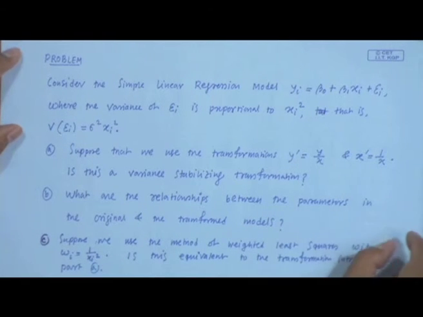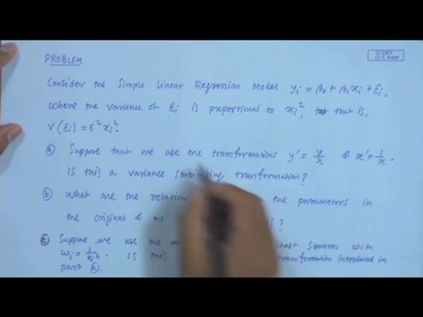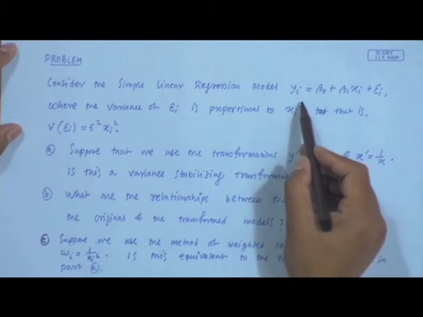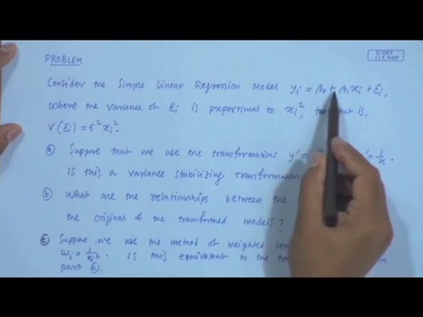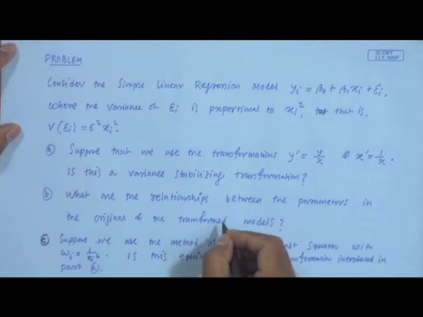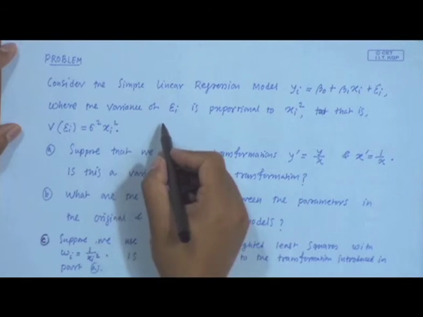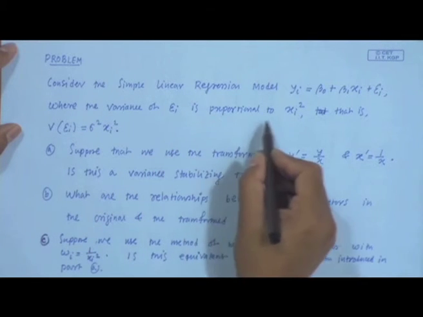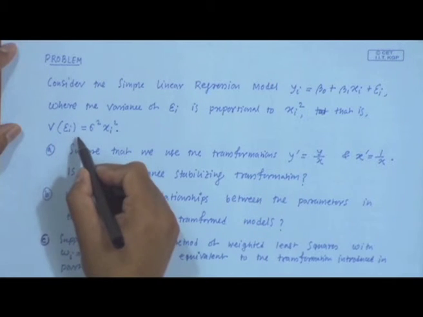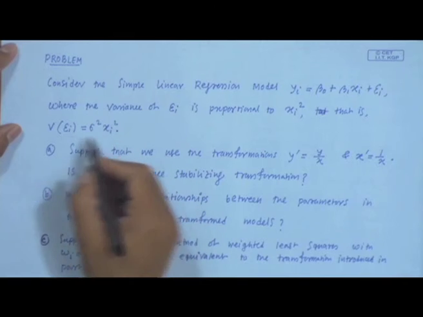Well, here is the problem. Consider the simple linear regression model y_i equal to beta naught plus beta 1 x_i plus epsilon_i, where the variance of epsilon_i is proportional to x_i square. That is, the variance of epsilon_i is equal to sigma square x_i square.